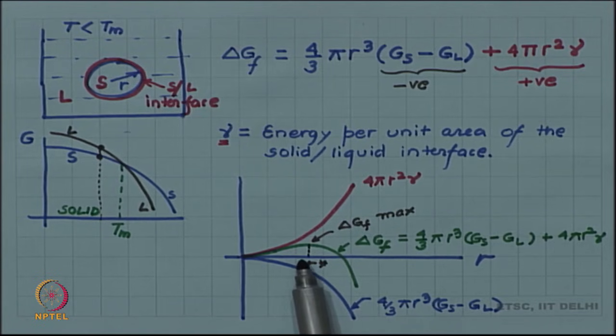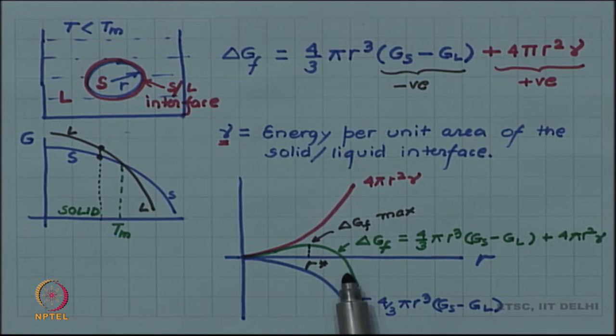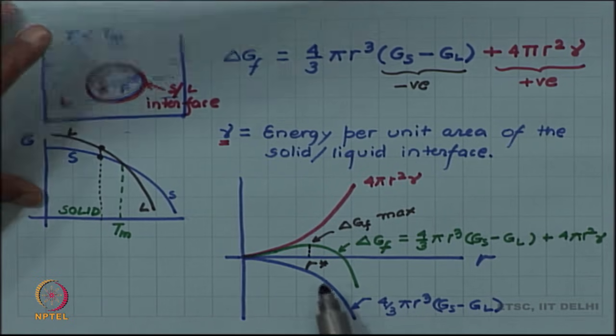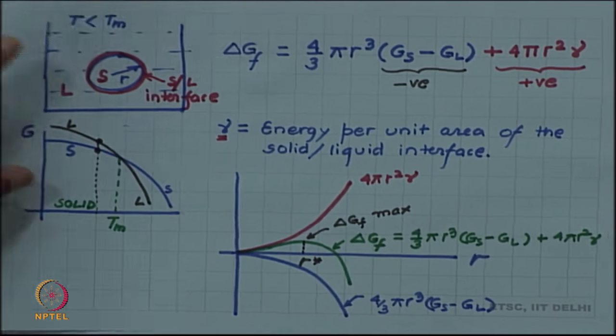So, solid balls of radius r less than r star will not grow, but if you have solid balls of radius r larger than r star, then further increase in radius brings the free energy down. So, growth will be possible if radius is larger than r star.